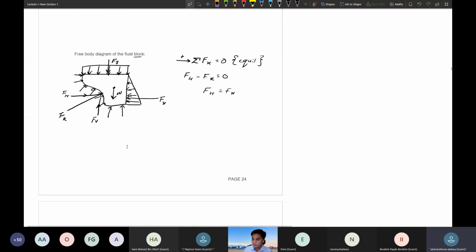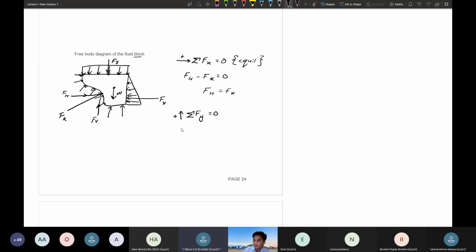What happened for the vertical one? You should have a direction upward positive, summation of forces in the y component equal to 0, right? So please tell me what are the forces? Fy negative or positive?